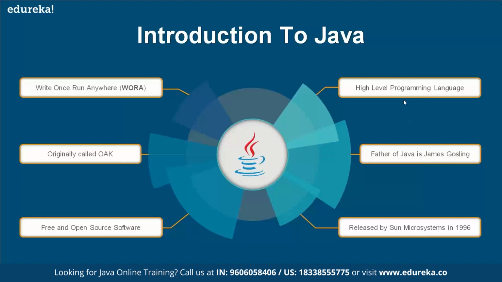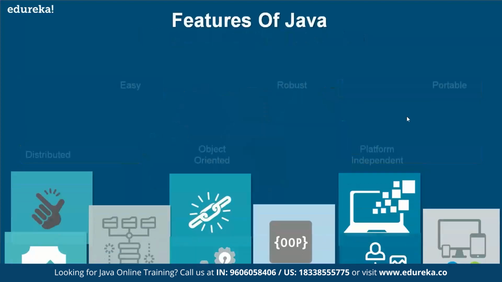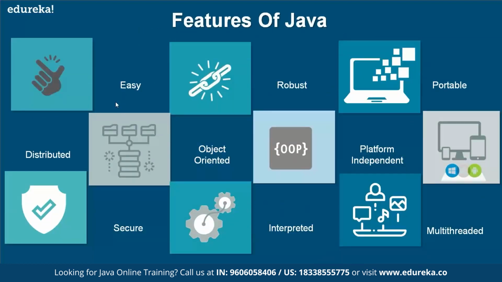Platform independent application. Now what are the important features of Java? There are many features. Java is an easy programming language. I won't say that it is that easy. It is easy if you have some idea about C++. The complex topics of C++ are not available, like memory management by the programmer.